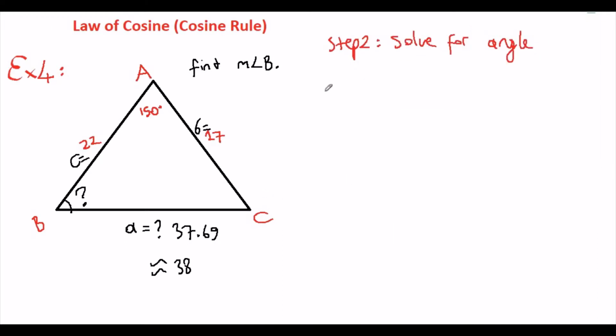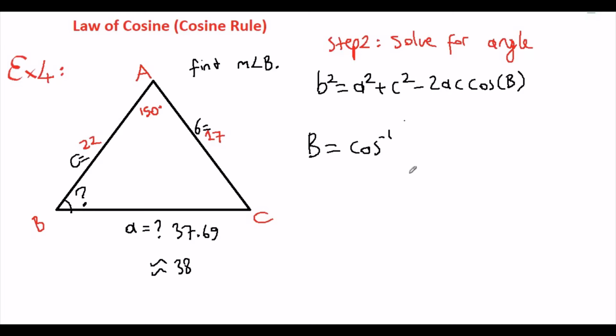In step 2, we can use this formula and solve for B step by step, or we have just derived the formula. B is equal to arc cosine of a squared plus c squared minus b squared all over 2 times ac.